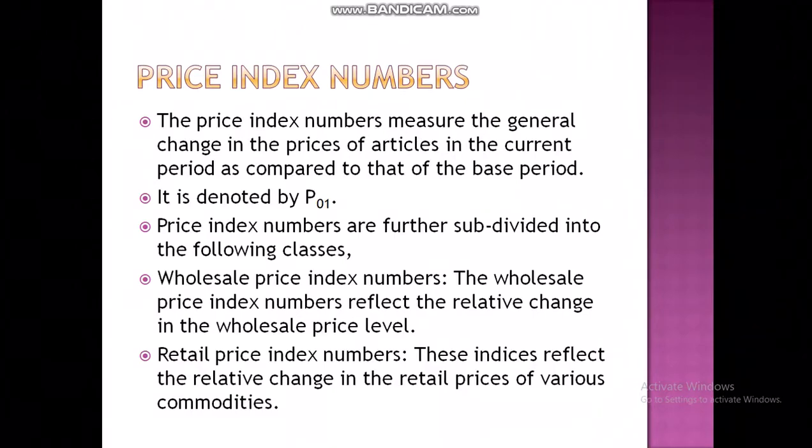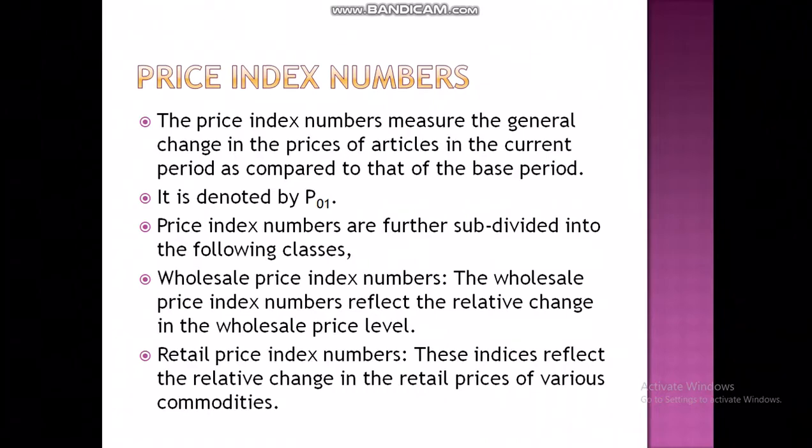These price index numbers are also further classified into two. They are wholesale price index numbers and retail price index numbers. That is because we have two different price ranges in the market. One is wholesale price and the other one is retail price.